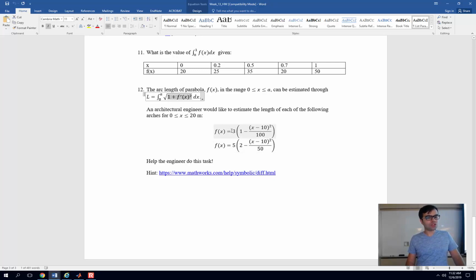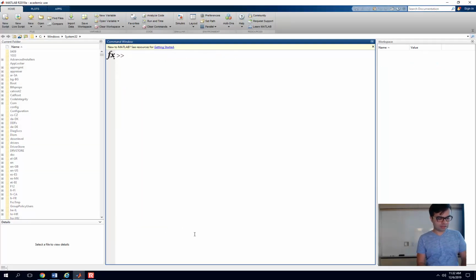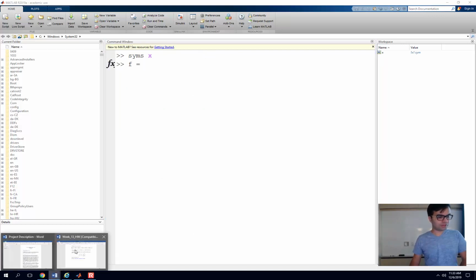Now the issue is how to calculate that derivative. You can do it manually, or you can use the symbolic toolbox in MATLAB to do so. In order to do that, let me clear and clc. Everything is gone now. syms x. f is, so let me define this function here.